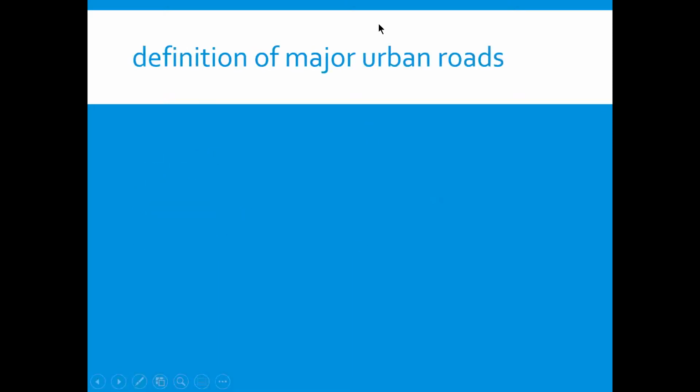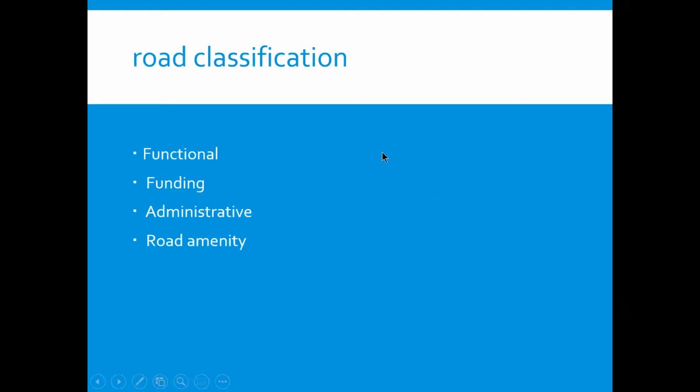Road classifications. In Australia and New Zealand, there are several commonly used types of road classifications: functional, funding, administrative, and road amenity. Functional classification is the most commonly used and classifies roads as mainly arterial, subarterial, collector, and local.